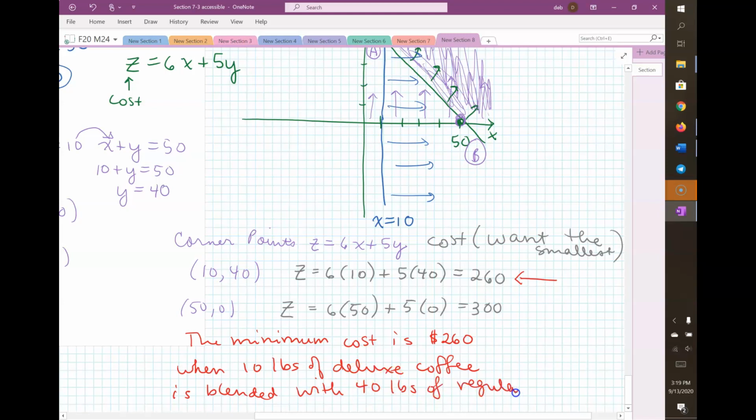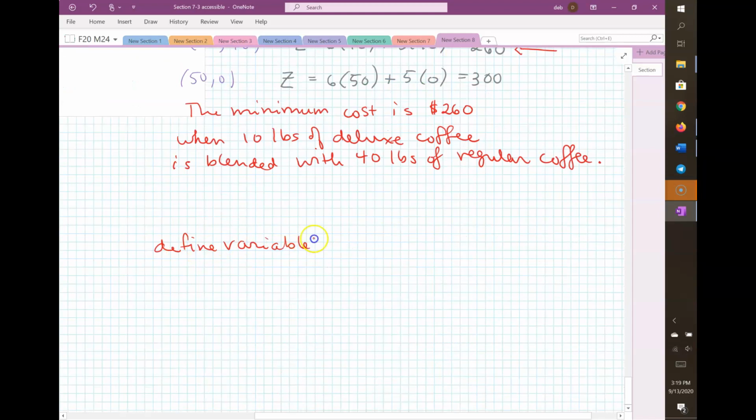Okay, so I'm going to make one more process. Okay, so you're going to define your variables, write inequalities. So inequalities help you graph the feasible region.